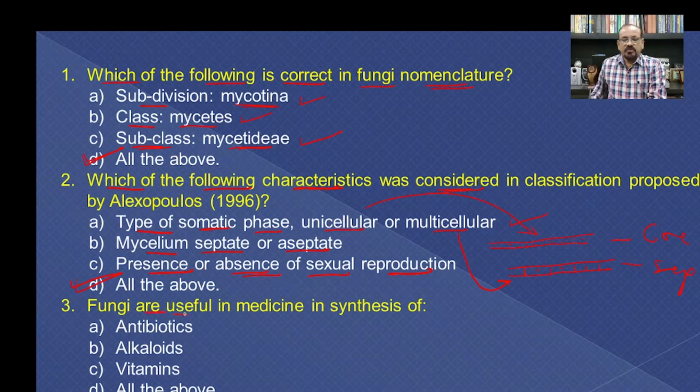Then fungi are useful in medicine in the synthesis of number 1 antibiotics, then alkaloids and vitamins. All these three are synthesized from different species of fungi, and hence all the above become the answer for this question.